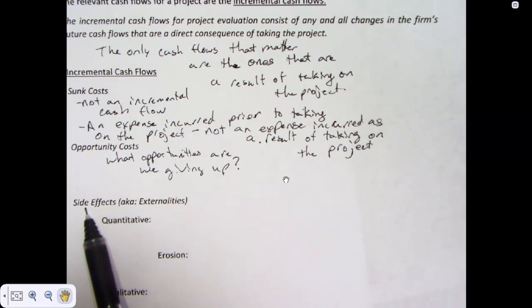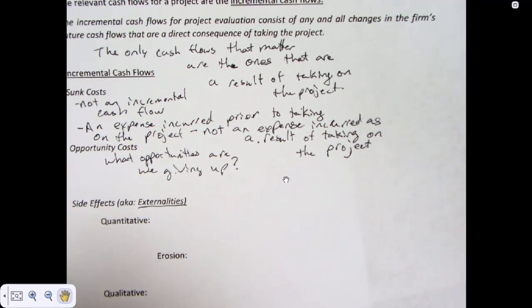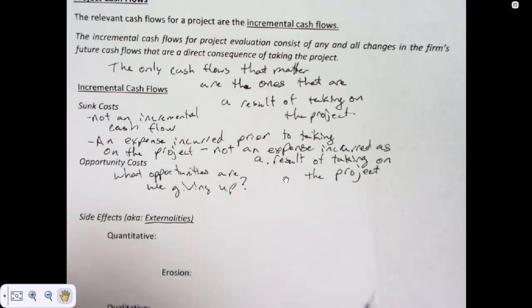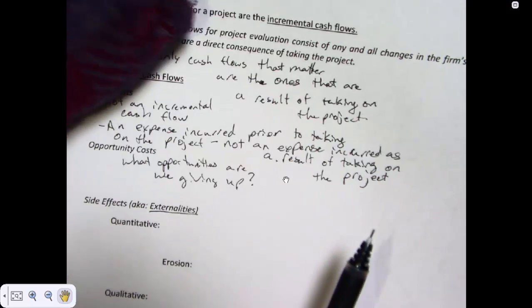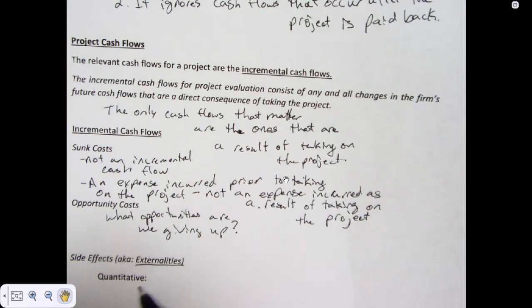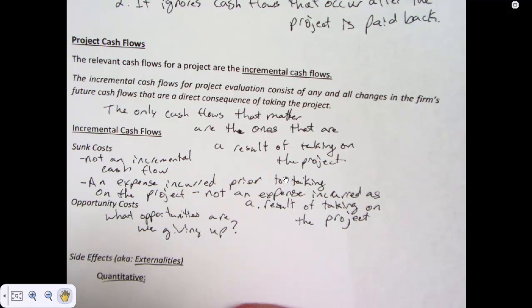We also want to take into account side effects. And in some economics courses, you're going to hear the term externalities. I like that term. These are things outside of what we really consider to be the project that may come as a result. A common externality is a quantitative one. It's referred to as erosion, or you may have heard it as cannibalism.